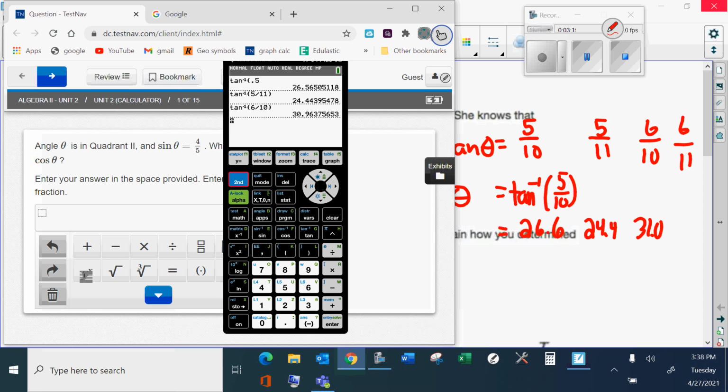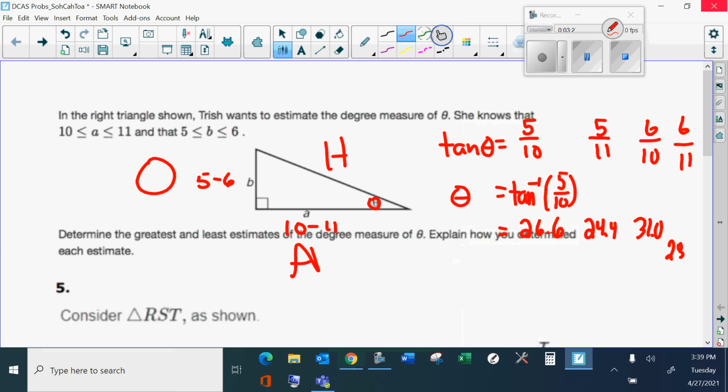And the last one, inverse tangent of 6/11: 28.6. Okay, so what is the low? 24.4. The greatest and least estimates are 24.4 to 31 degrees.